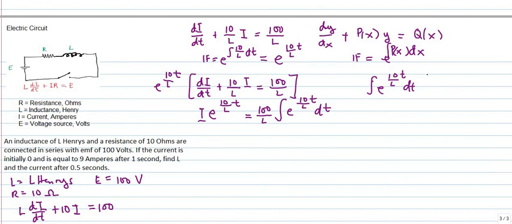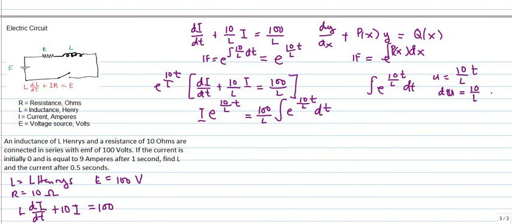If we have here e to the u, our u for this part equals 10 over L times t. And then the derivative of u, that is 10 over L.